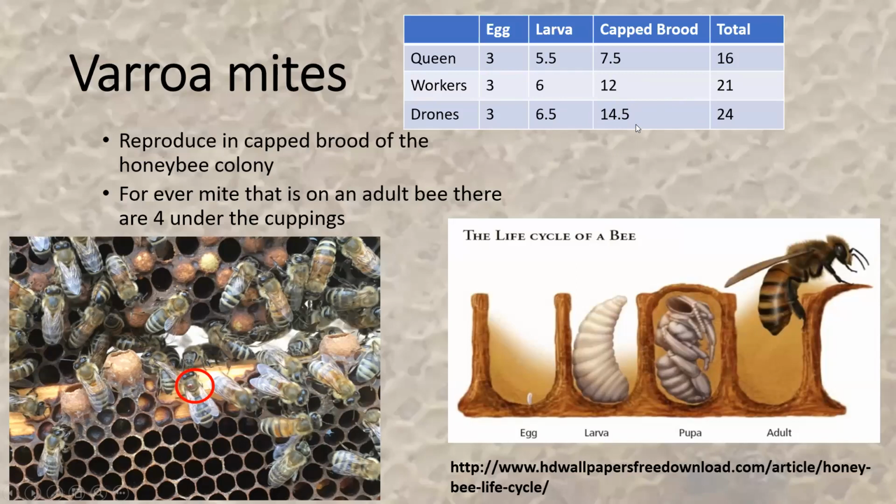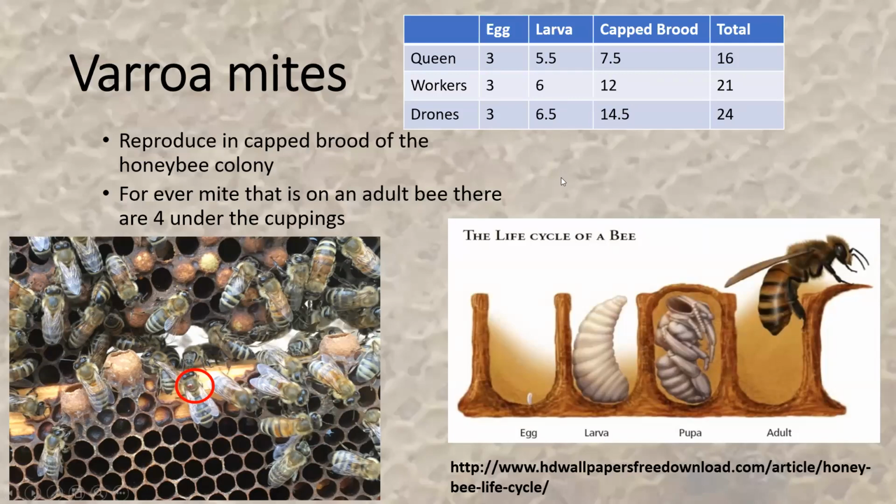So that varroa mite is able to reproduce one more time inside of a drone cell versus inside of a worker cell because of that addition of 2.5 days.